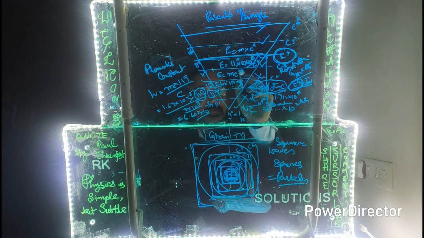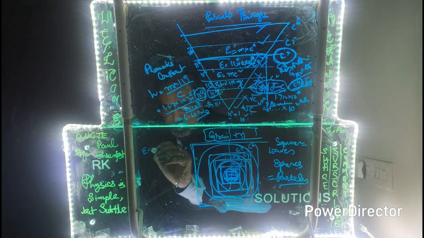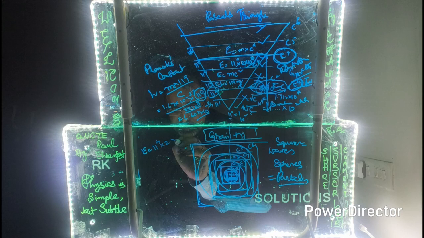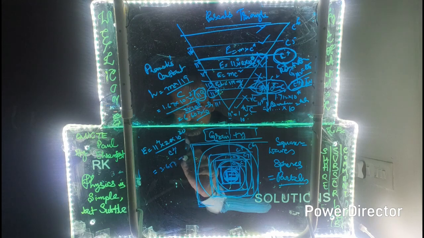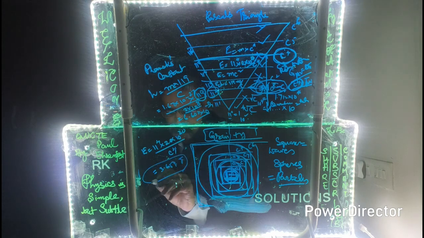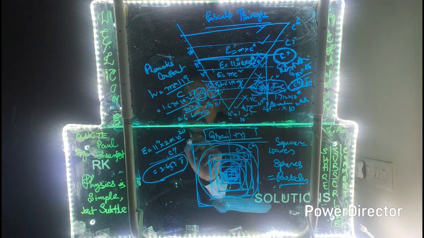So this will be like E equal to 11 raised to 4 into 2 into 10 raised to 30 kg by C4, which gives you around 3.651 or something joules or something. That's not important. This formula is important.